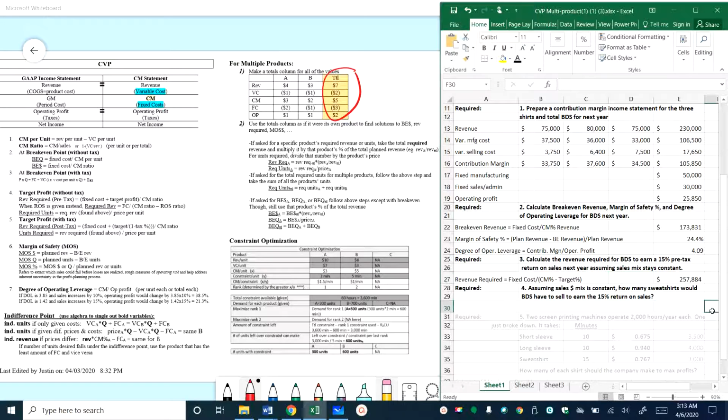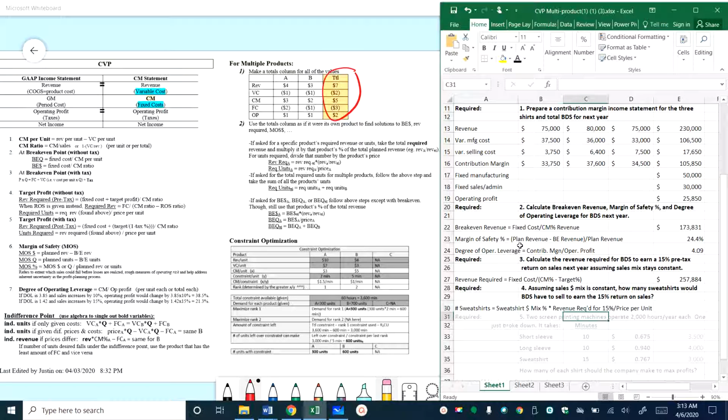So now, why don't you try to figure out, if you're assuming the sales mix is constant, how many sweatshirts or how many units of sweatshirts would you have to sell as a company in order to hit that 15% return on sales? So why don't you try that out? Okay, so here's kind of the equation.